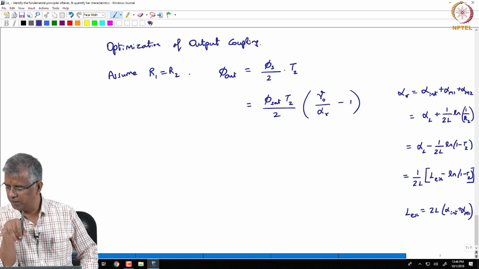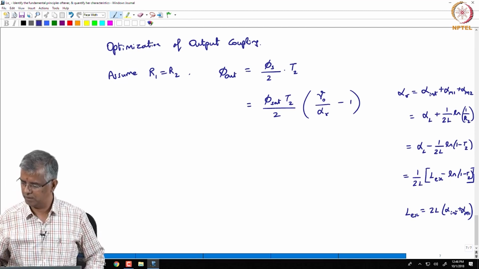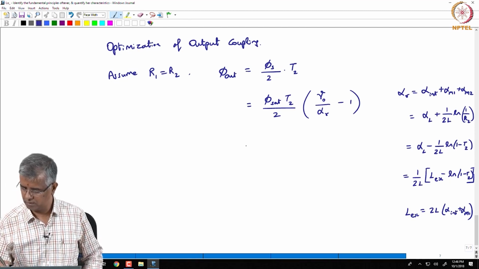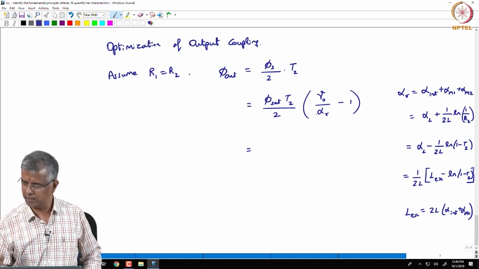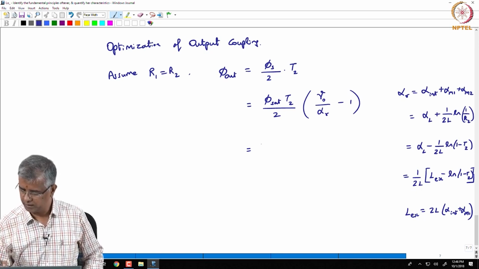Okay. Why I am doing all of that will be obvious in a minute, so just bear with me. I am just going to substitute that expression for alpha r over here.